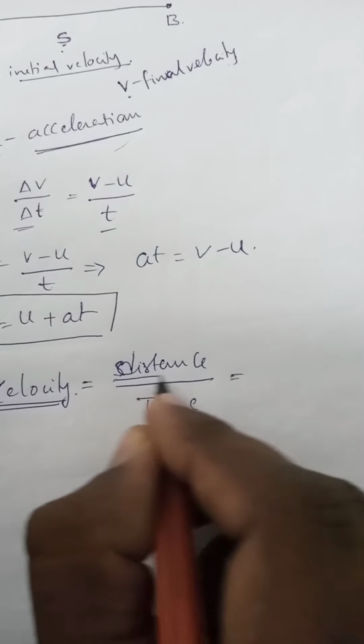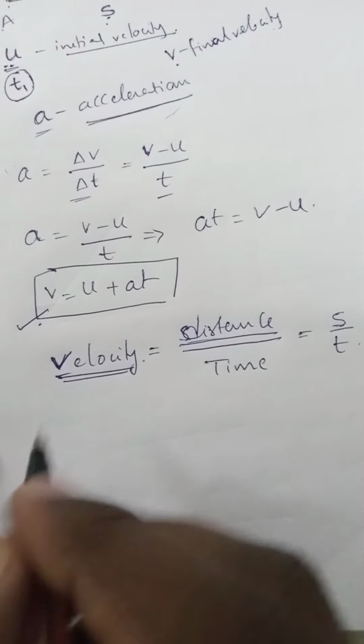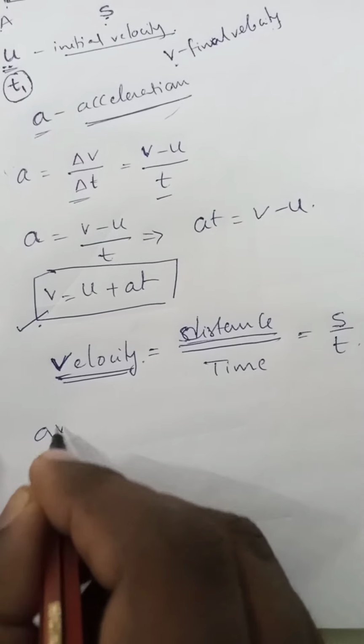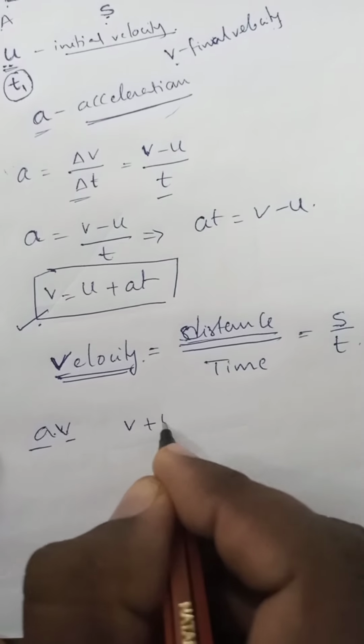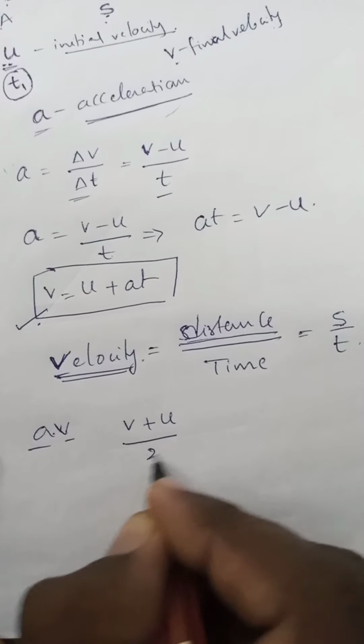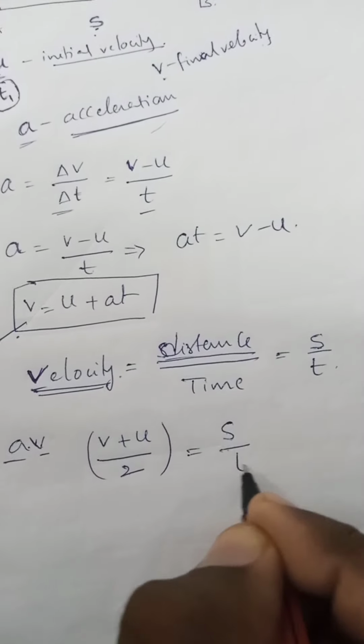Distance means s, time means t. So here the average velocity is (v plus u) by 2. This is the average velocity, equal to s by t.